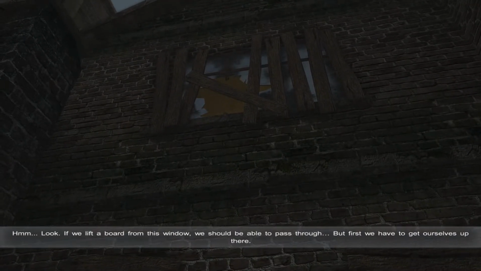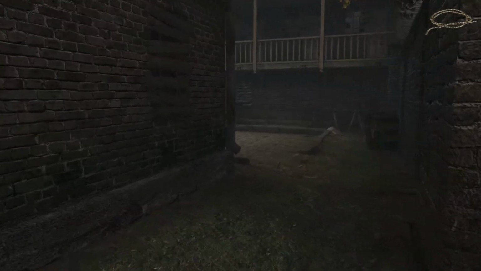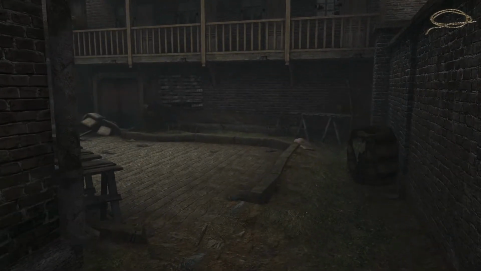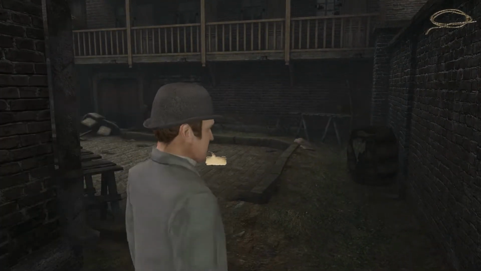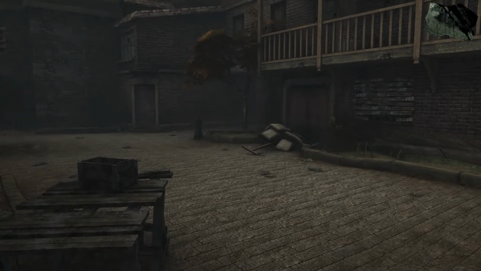Look, if we lift a board from this window, we should be able to pass through. You are joking, Holmes? Nope, nope, nope. What is it we need? I really don't know.